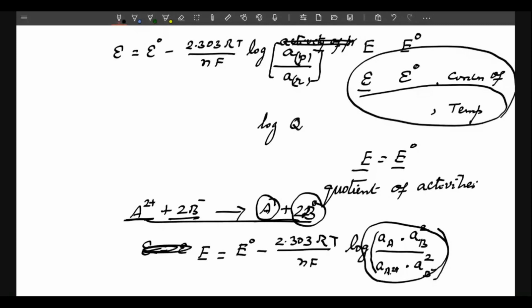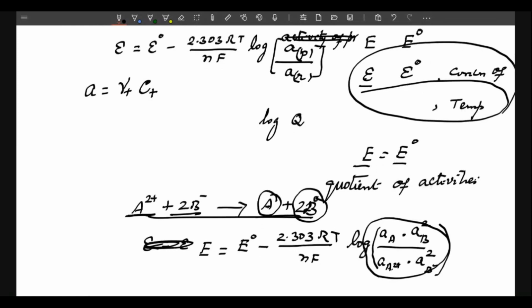The activity is nothing but the activity coefficient times the concentration. The activity of the cation is the activity coefficient of the cation into its concentration, called a plus. And the activity of the anion is given by the activity coefficient of the anion into its concentration.